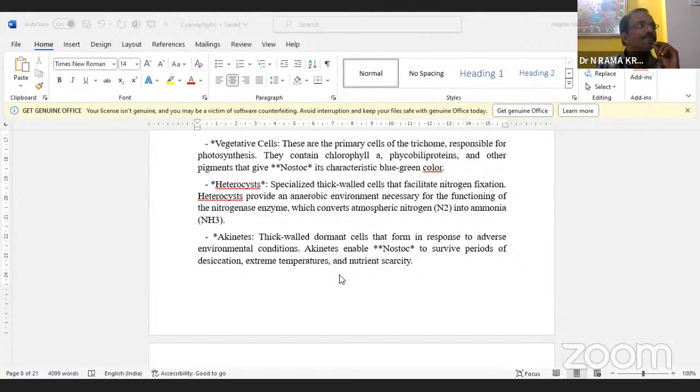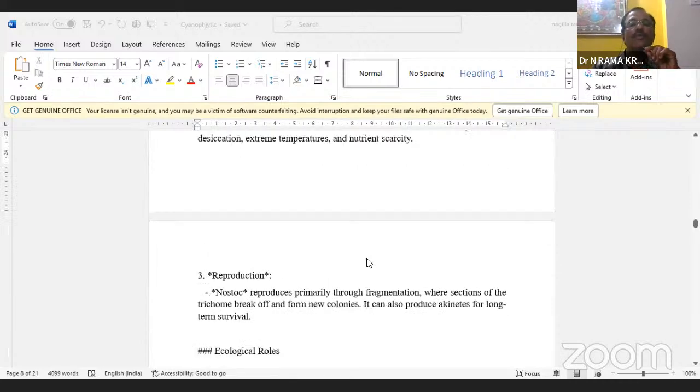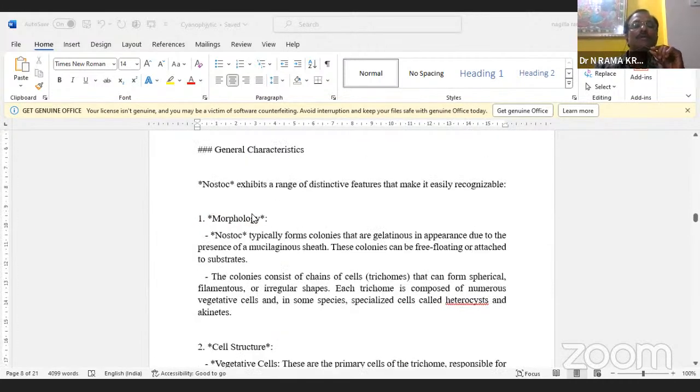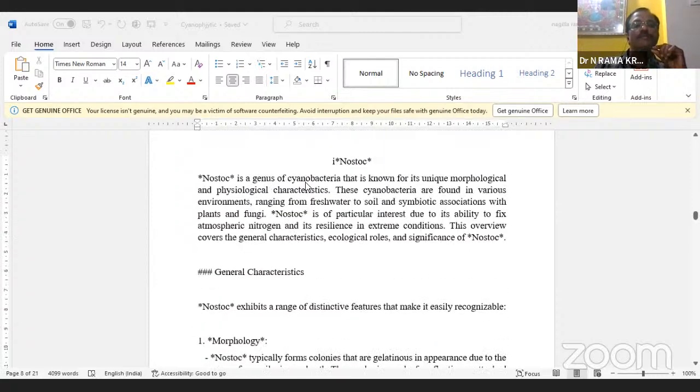Next, now you see here. So we are going to one special topic, that is nostoc. Nostoc is a cyanophytic algae. Here you see, this is nostoc. Nostoc is a genus of cyanobacteria known for unique morphological and physiological characters.